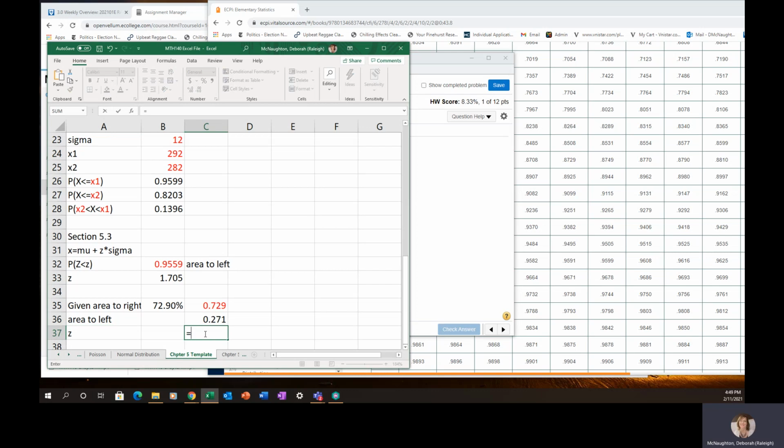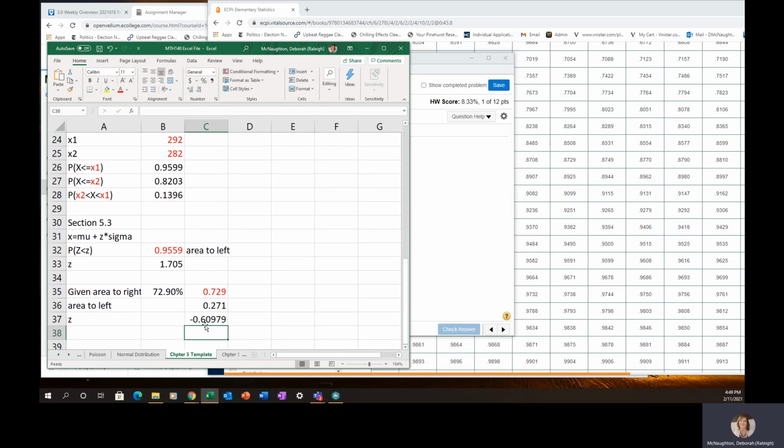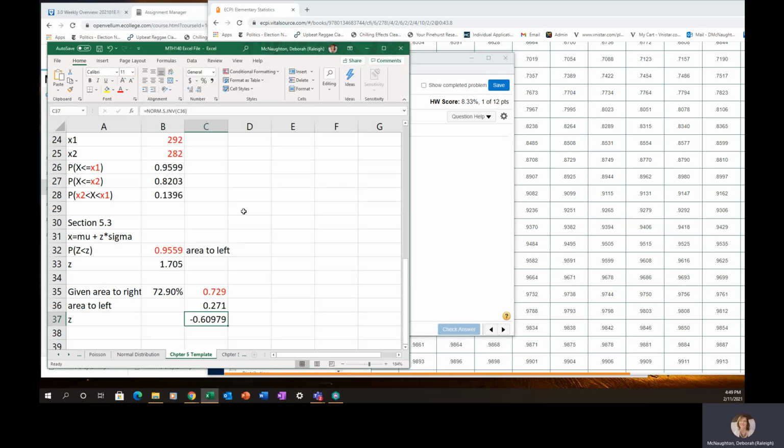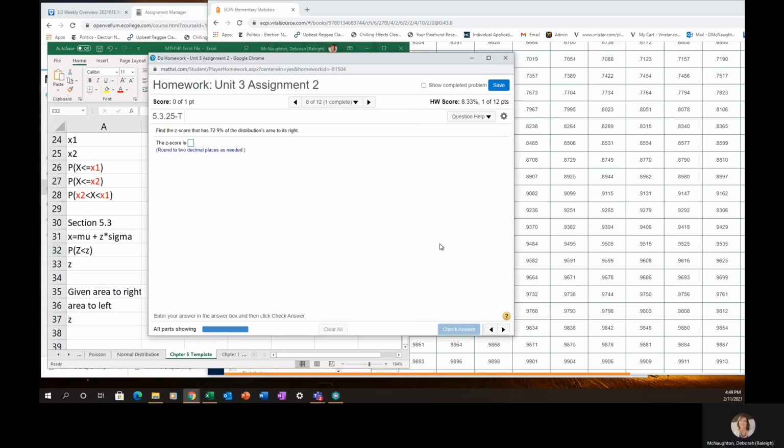Z equals norm.s.inv, and then I'm just going to put in my area to the left, like I always do. How many decimal places do they want? A Z-score to 2 decimal places. It is negative 0.61.